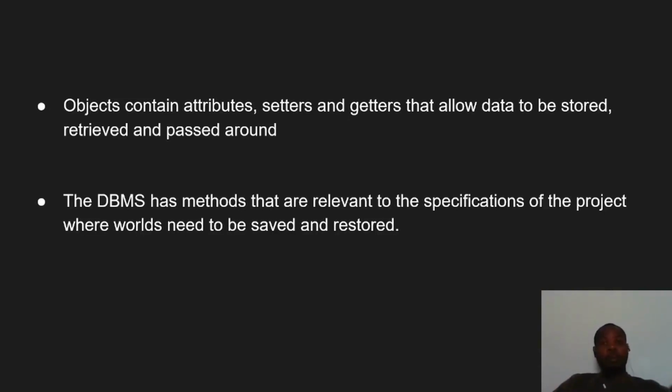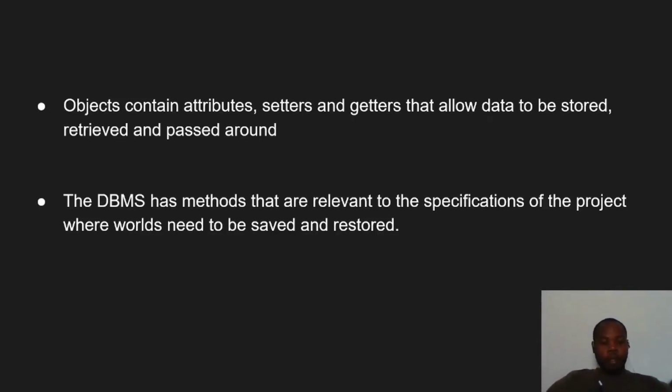For example, the world configuration stores particular information, like setters and getters, as well as the size of the world, the name of the world, and information about that world that will then be passed around from the database to the program itself.